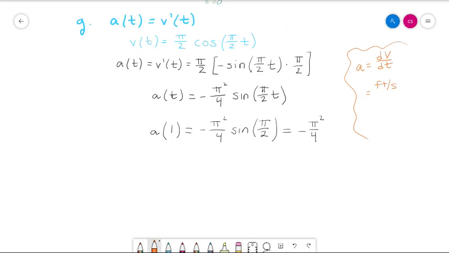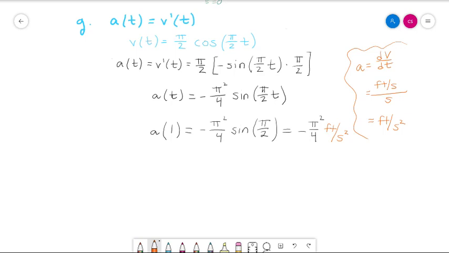That's the unit of the top. And what's the unit of time? Seconds. If you clean that up, you can multiply top and bottom by seconds. The units of acceleration are going to be feet per second squared. So the acceleration at 1 is negative pi squared over 4 feet per second squared.